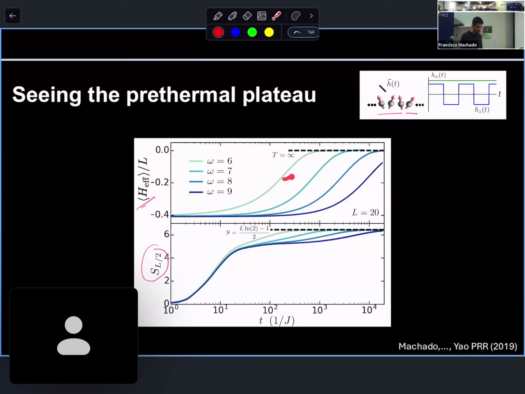And suddenly the time it took my system to equilibrate increased by a factor of 5. And I do one extra unit of frequency and I get another factor of 5. And then I do another unit and get a factor of 5. So this is exactly the statement that I told you, that the thermalization timescale of my system increases exponentially in the frequency of my drive.